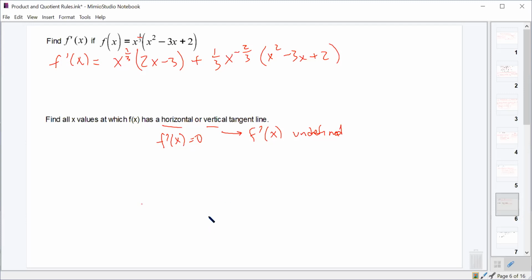Anybody know how we should be going about this? How can we simplify this down or rewrite this to help us figure out when it's equal to 0 or when it's undefined? All right, I'll take that as a no.